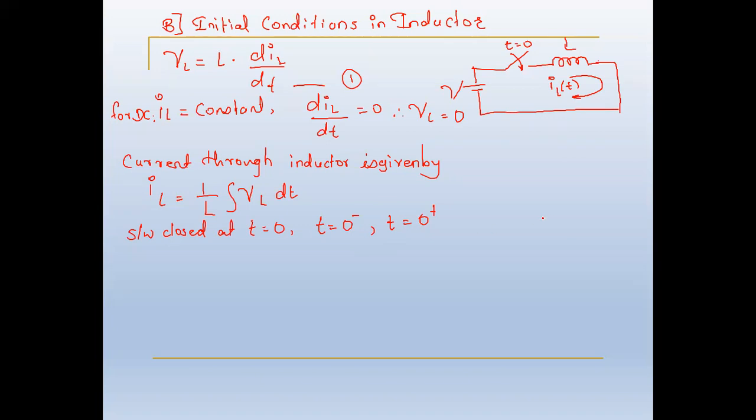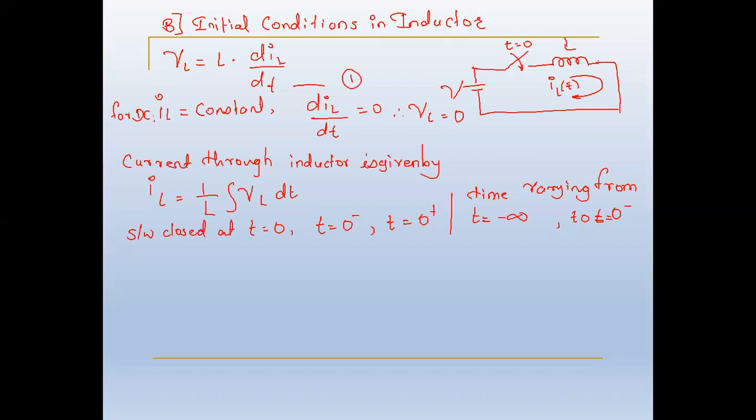Since the switching action takes place at t is equal to 0, the time period varies from t is equal to minus infinity to t is equal to 0 minus, which is just before the switching. This indicates the past history of the inductor.